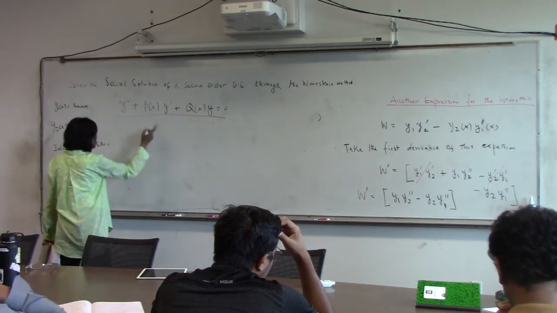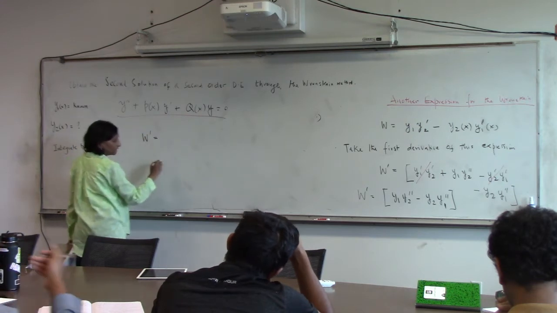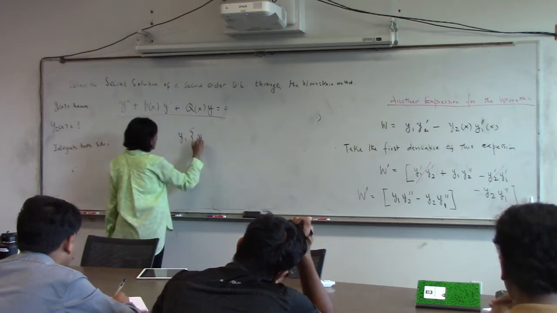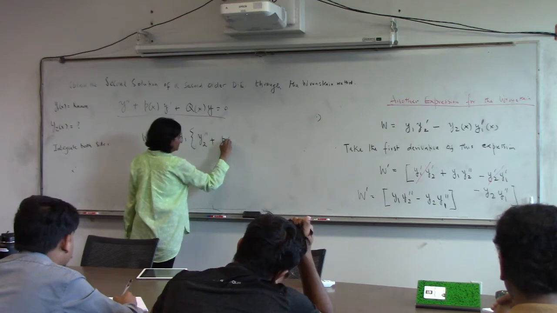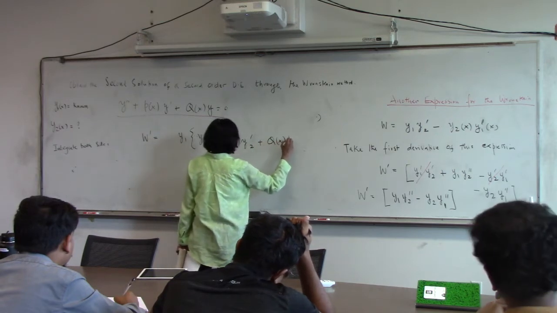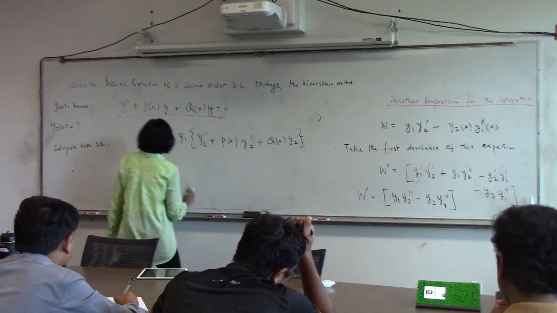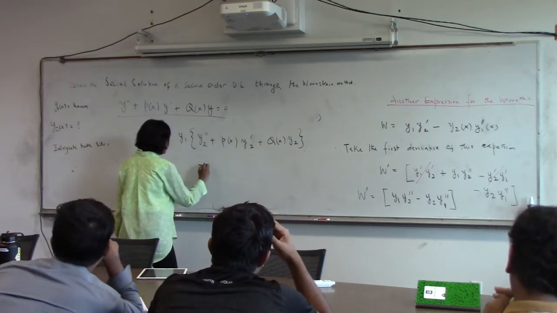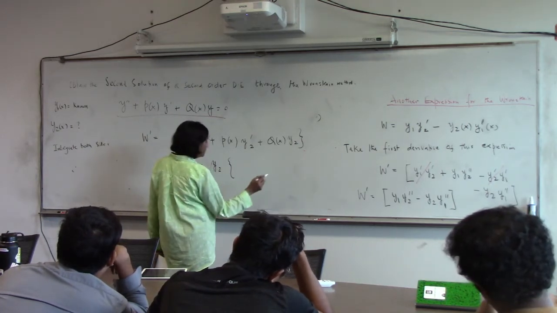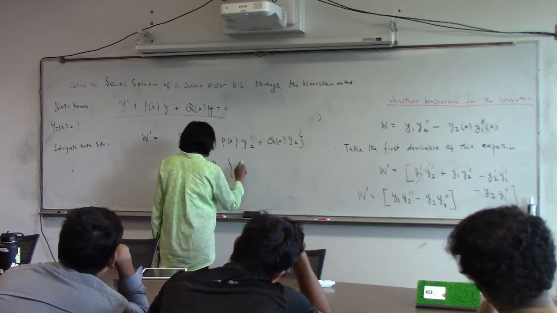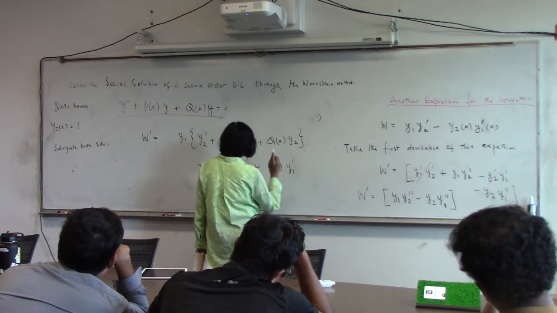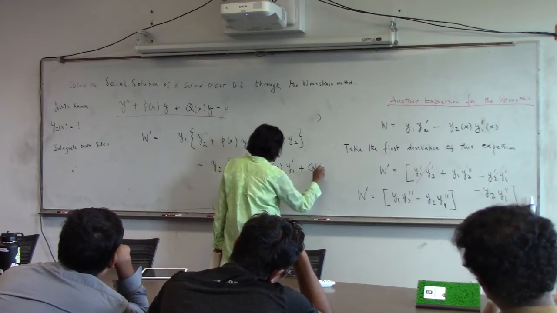If y2 is a solution of this differential equation, I can write W prime as y1 times minus p(x) y2 prime minus q(x) y2, minus y2 times the same for the first solution, since the first solution also satisfies my original differential equation: minus p(x) y1 prime minus q(x) y1.